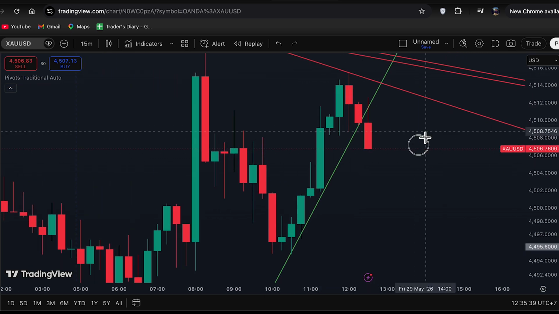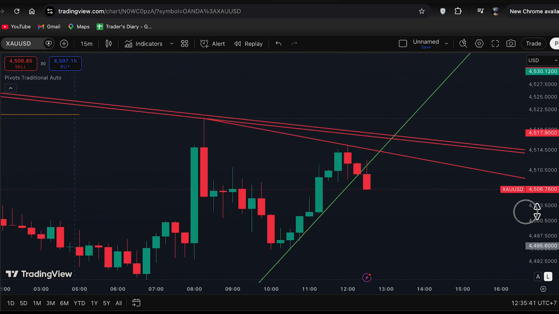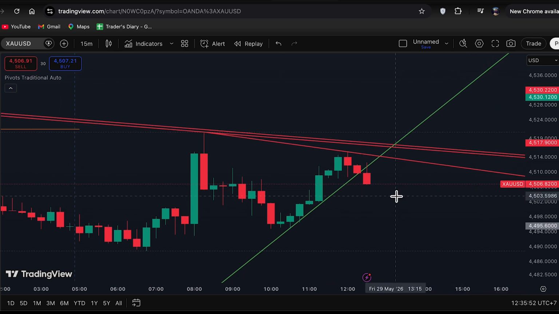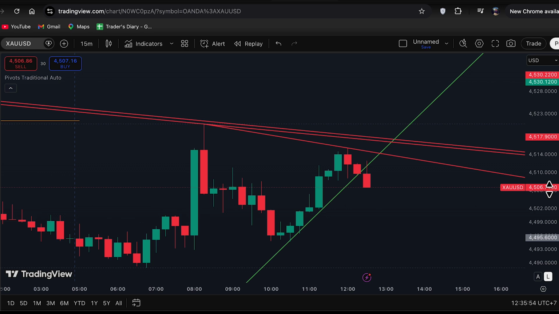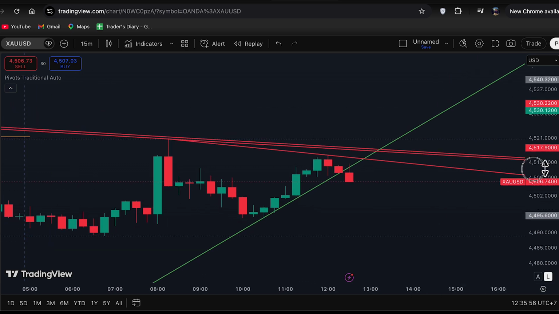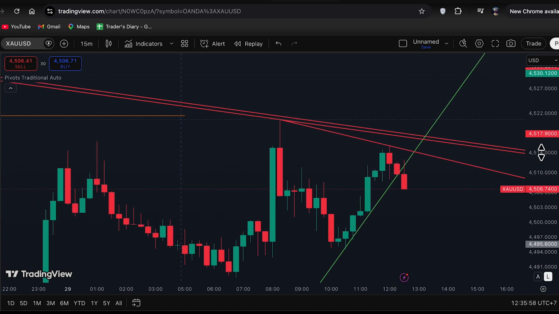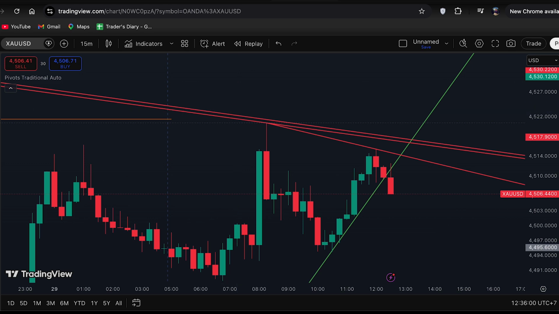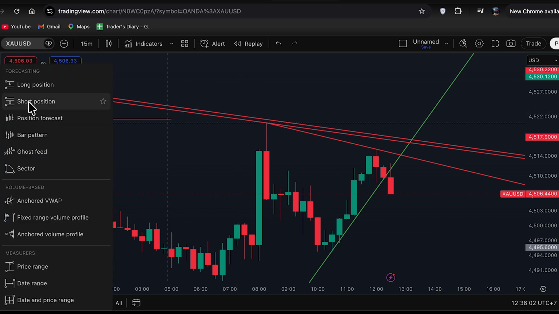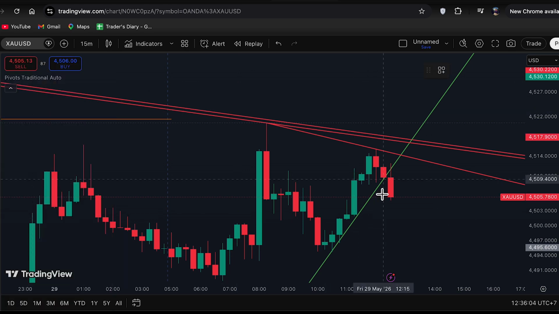Just fix the trend lines, and okay guys, it looks like it's dropping, so I'm placing the trade, placing the short trade.